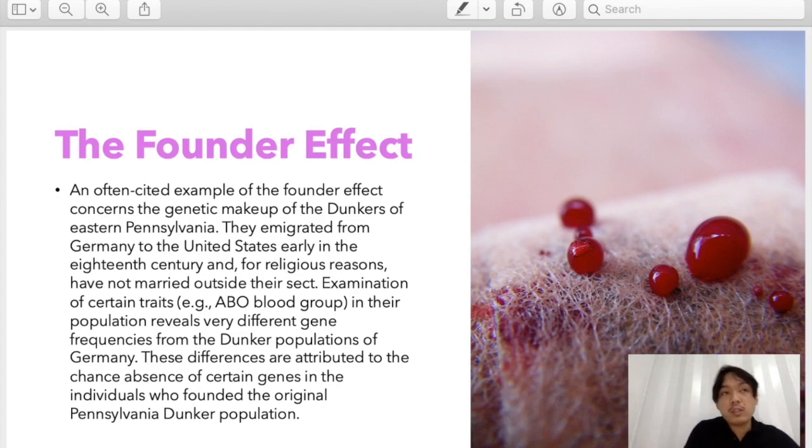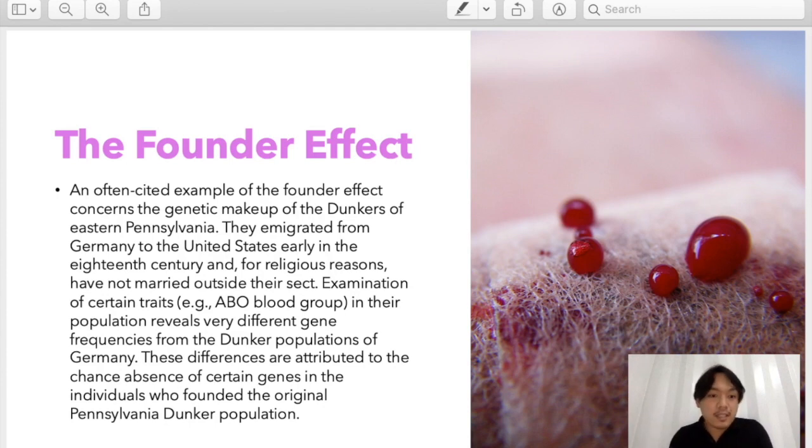They don't want to marry people from outside their sect. Examination of certain traits like ABO blood group in their population reveals very different gene frequencies from the Dunker populations of Germany. So why is that? These differences are attributed to the chance absence of certain genes in the individuals who founded the original Pennsylvania Dunker population.